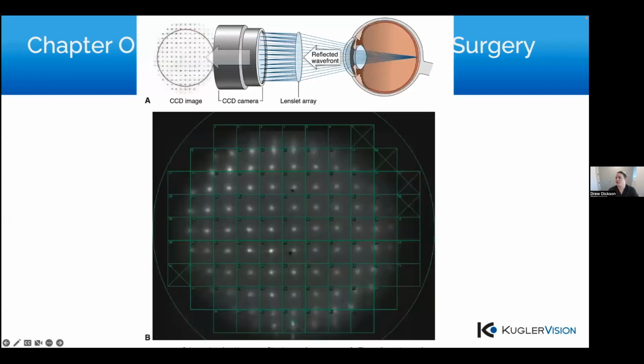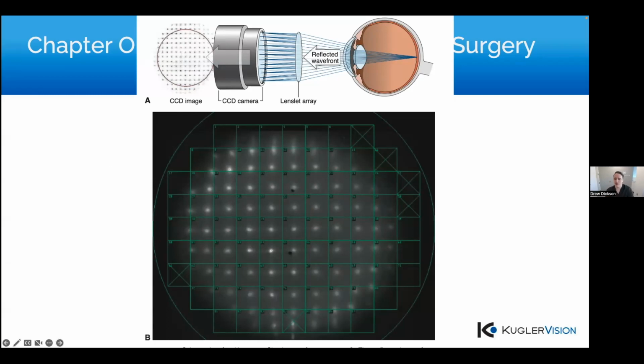So this is a diagram of one type of wavefront aberrometer. Essentially, you have a point source that in this model shoots a laser into the eye and then has the image reflected back, and the machine is able to detect how that laser is reflected back through the eye and determine what type of aberrations are coming from that eye.